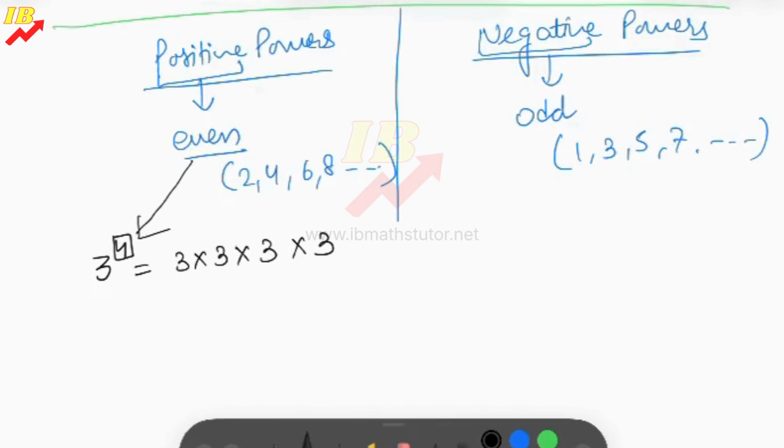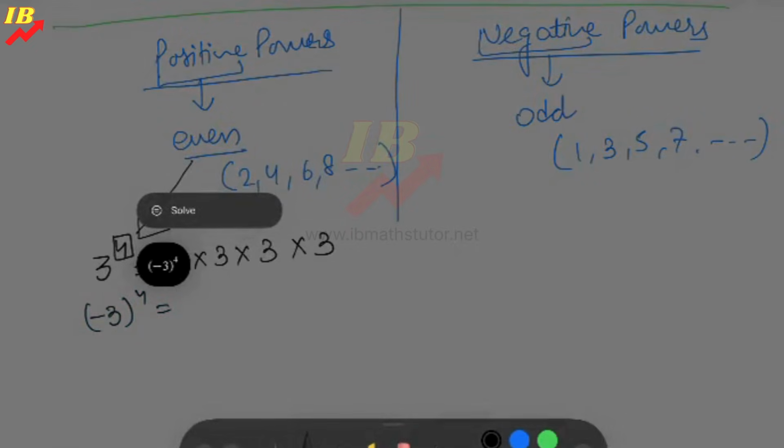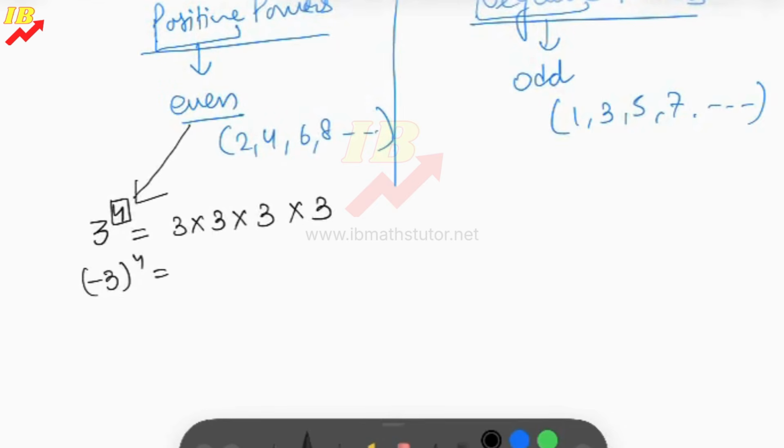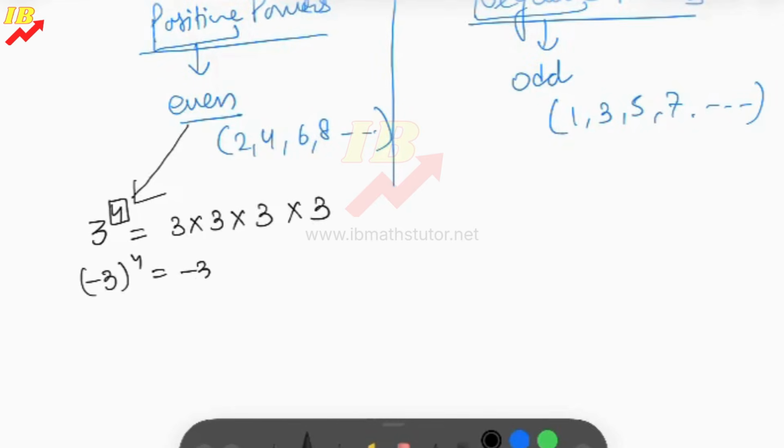But if my question is minus 3 raised to power 4, your base here is negative 3. When you see a negative number in the question and the power is even, this means that minus 3 is repeated 4 times, and the final solution is 3 times 3 is 9, 9 times 9 is 81.